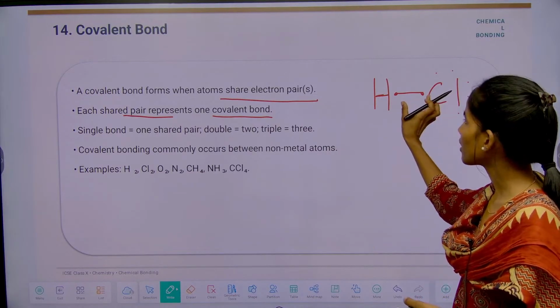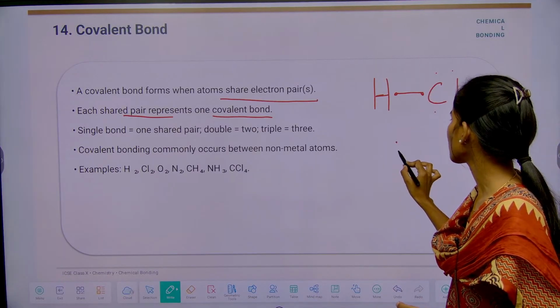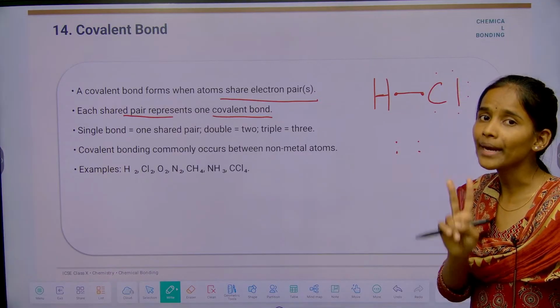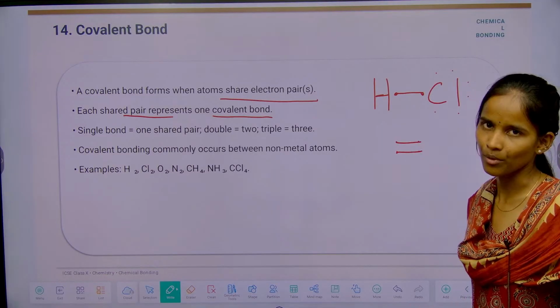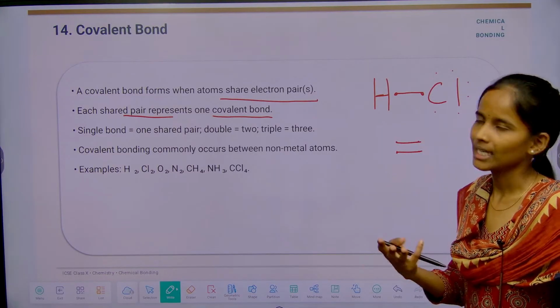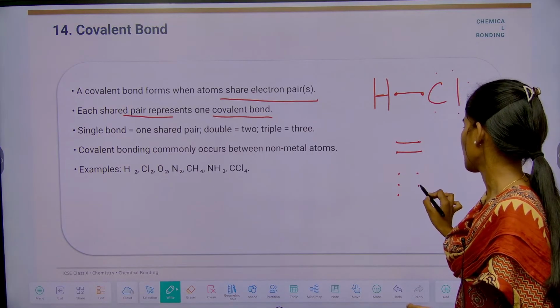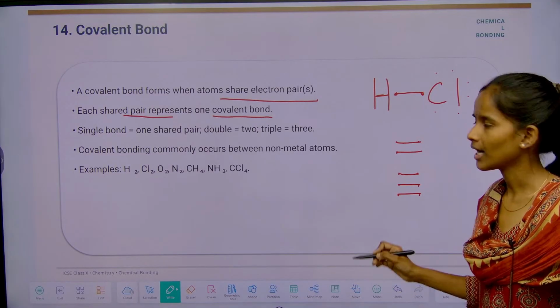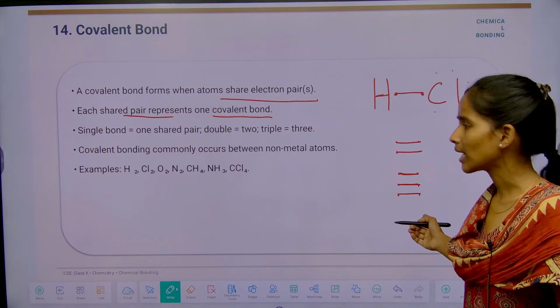For example, instead of these 2 electrons, meaning 1 electron pair, if 4 electrons are shared, it means 2 electron pairs are shared, so we get one covalent bond, then a second covalent bond. If 3 pairs are there, for example 6 electrons, then 2 electrons make 1 covalent bond, 2 electrons another, and 2 electrons another.